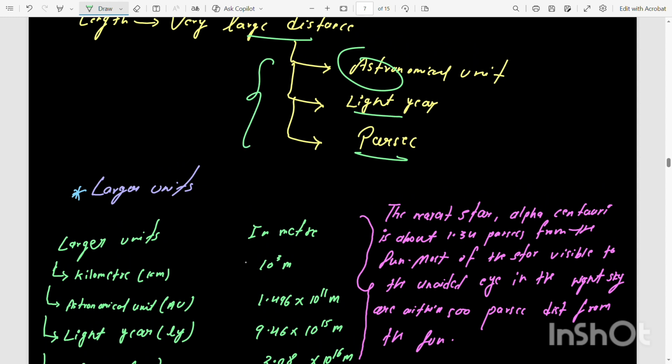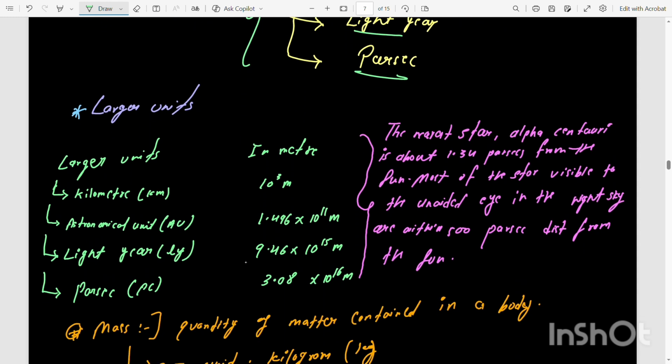So now see here, length, very large distance: astronomical unit, light year and parsec. For larger distances, we use these 3 units. Now you can see here larger units. In larger units, there are kilometer, astronomical unit, light year and parsec.